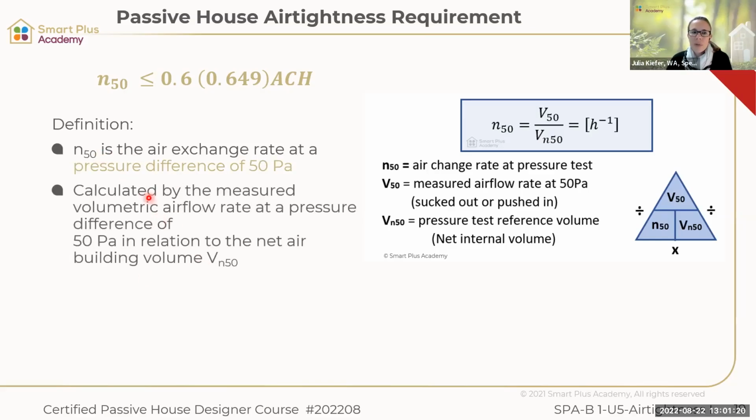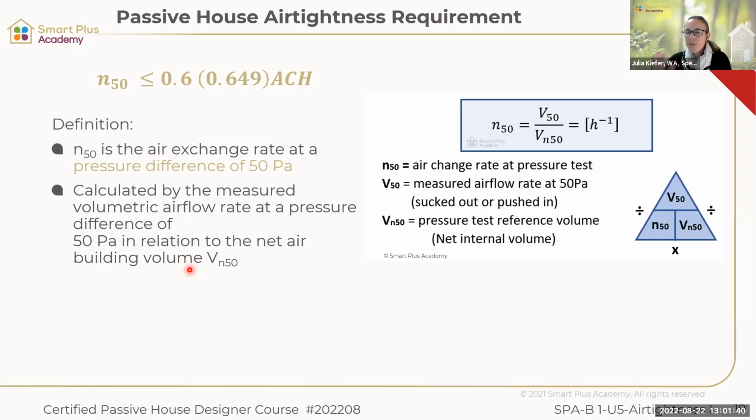And it's calculated by the measured volumetric airflow rate at a pressure difference of 50 Pascal in relation to the building volume. So what you need is you need to calculate your building volume, and then you measure, and we'll learn how to measure that in our next unit.